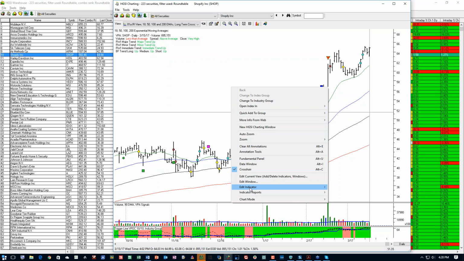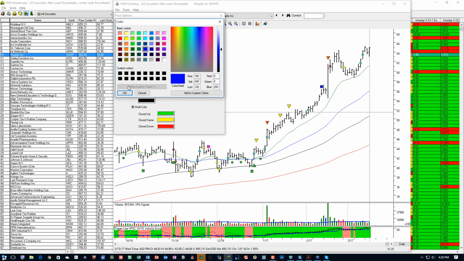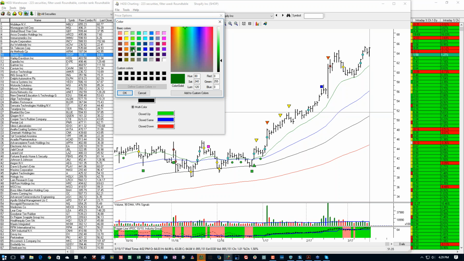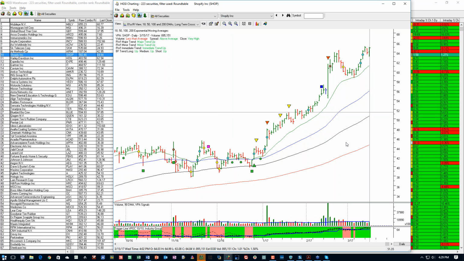If you want multiple colors, you edit the price and use multicolor. I'd probably change this to a blue for the same, and maybe a dark green. That's all there is to it. Pretty simple. If you prefer bar charts, though, that's the way to do it.